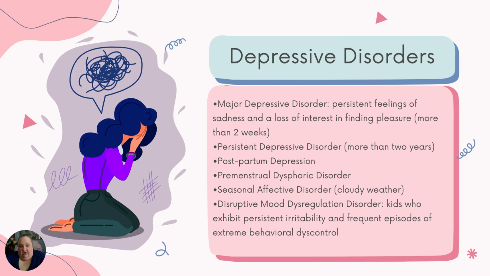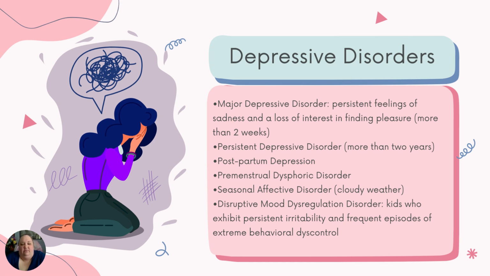I have never heard of that one before, but based on what it is, we can kind of figure it out. Seasonal affective disorder. This is seasonal, meaning, when it's cloudy outside and gloomy, maybe during specific times of the year, Christmas and holidays, people tend to get depressed during that time of the year.